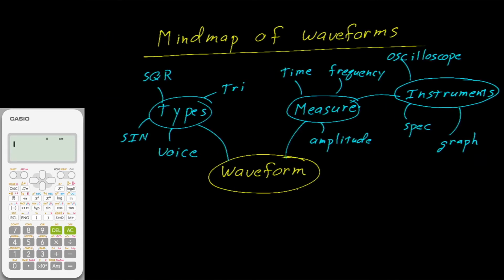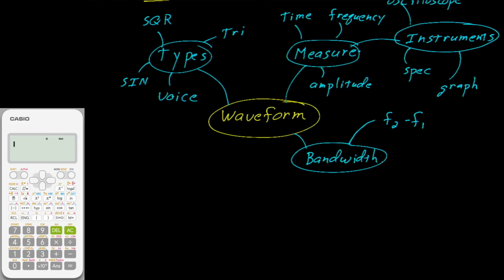Our waveforms have a bandwidth. That was easy to measure in the frequency domain because you could just perform the calculation, right? It's just F2 minus F1. Things are a little bit more complicated in the time domain, but we can make some general statements. We can say that a sinusoid has small bandwidth.